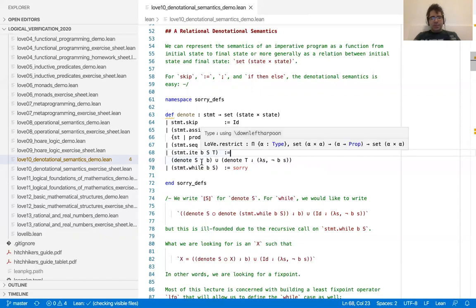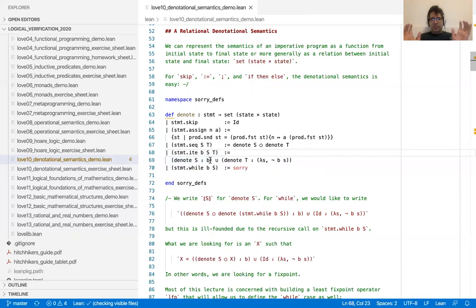So the down left harpoon restricts a relation, a set of pairs, and then this checks if the first component of the pair satisfies a given predicate, which is B here.